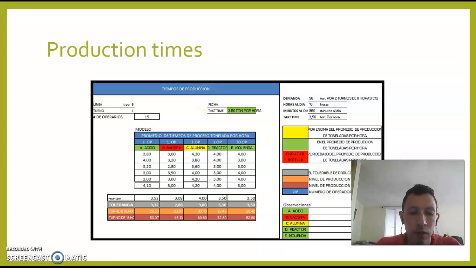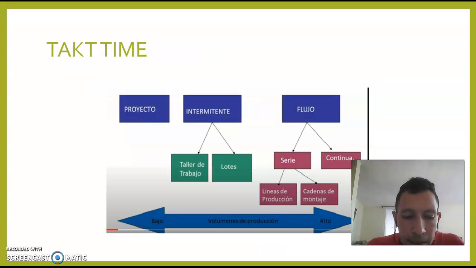Takt time is the period of time required to process a product.